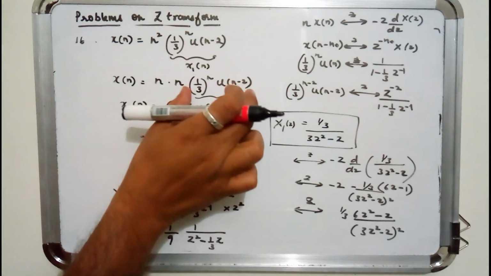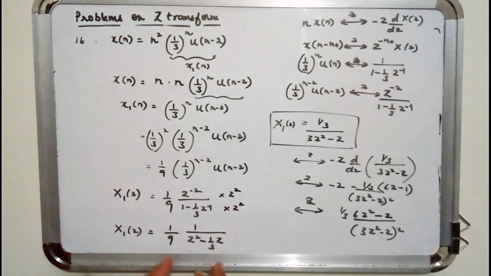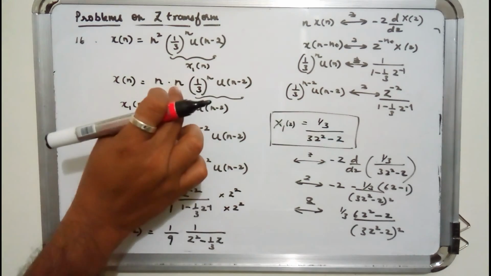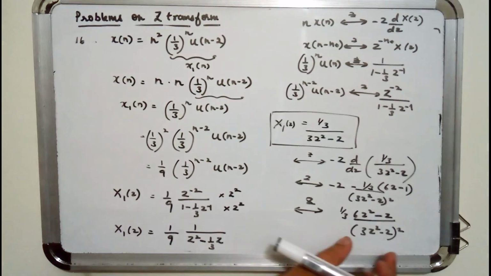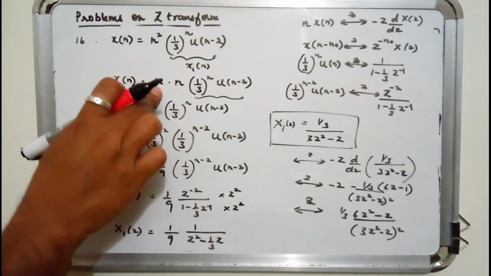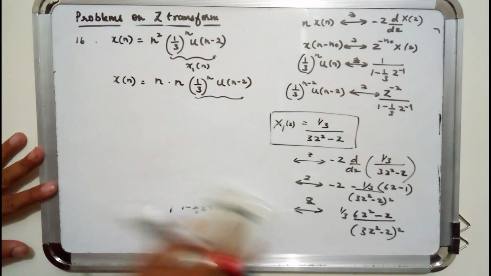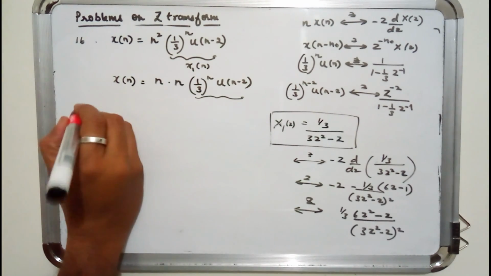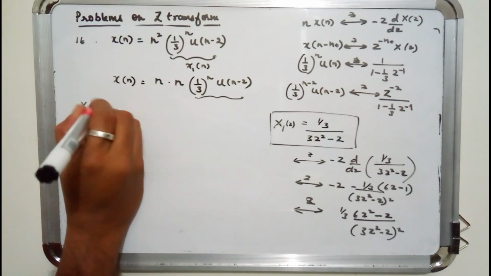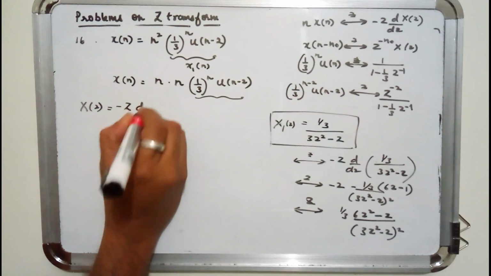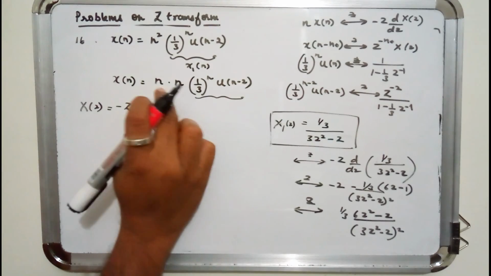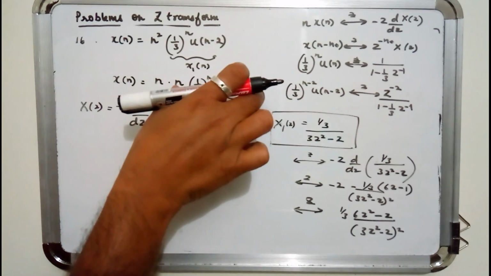That means we have found the z transform of this as 1 by 3 divided by 3z square minus z, and by using n into x of n we have found this much. Now there is one more n, so I need to take that into account as well. So the final x of z will be minus z into d by dz of n into x of n.